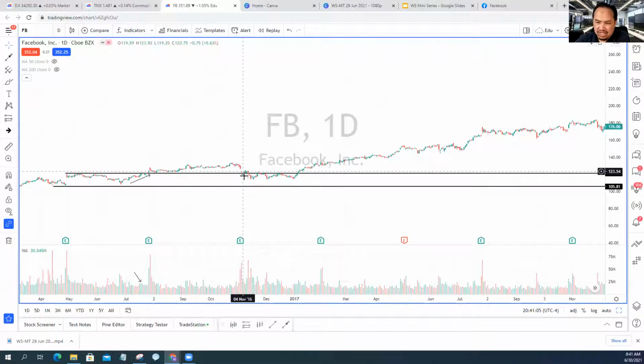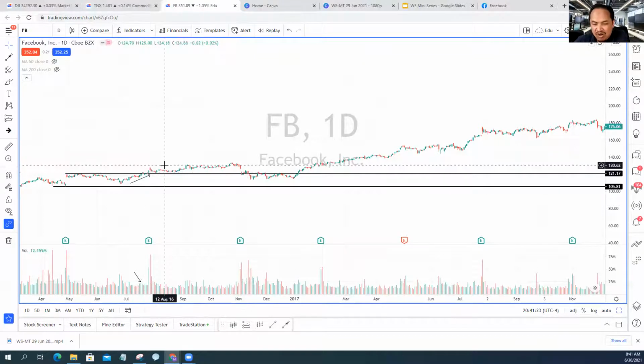Now, as you can see here, after it makes such a move, it will rest below the resistance, which has now become the support. Whenever price moves beyond resistance and then comes back below it, it becomes a support.